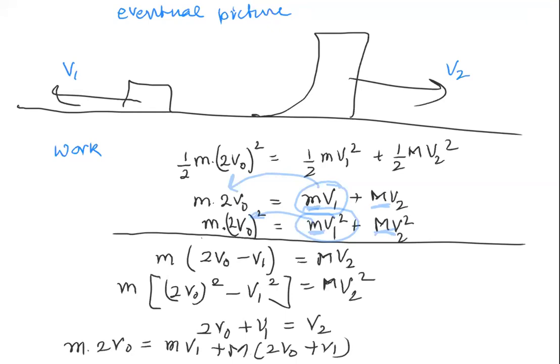So what I do is, I write it like this. Capital M minus small m into 2v0, ठीक है ना, ये वाला टर्म इधर ले गए, is equal to small m plus capital M into v1.